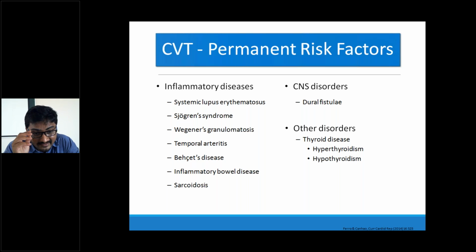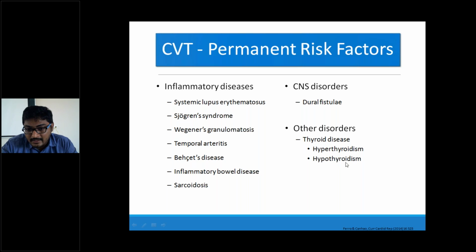Temporal arteritis, Behcet's disease, inflammatory bowel disease, sarcoidosis, right? Endocrine disorders like hypothyroidism. Actually, I have seen one case, a hypothyroid patient having TSH of 150, de novo hypothyroid, diagnosed at that point of time. Patient presented with stroke.